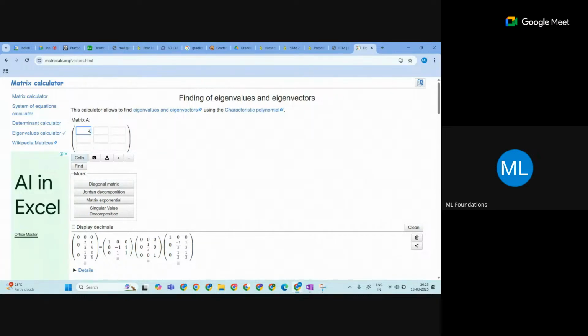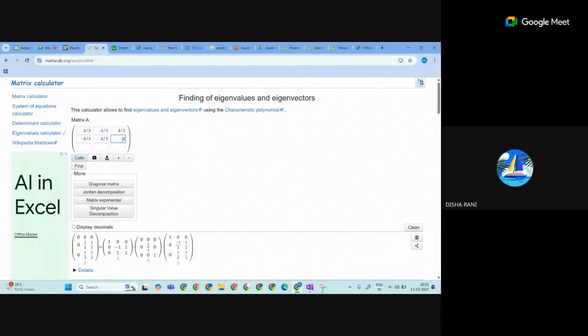This is 2 by 3 and minus 2 by 3, then 2 by 3, and then minus 2 by 3, minus 2 by 3. Only the diagonal elements are 2 by 3, 2 by 3, minus 2 by 3. Okay, only the diagonals are positive.